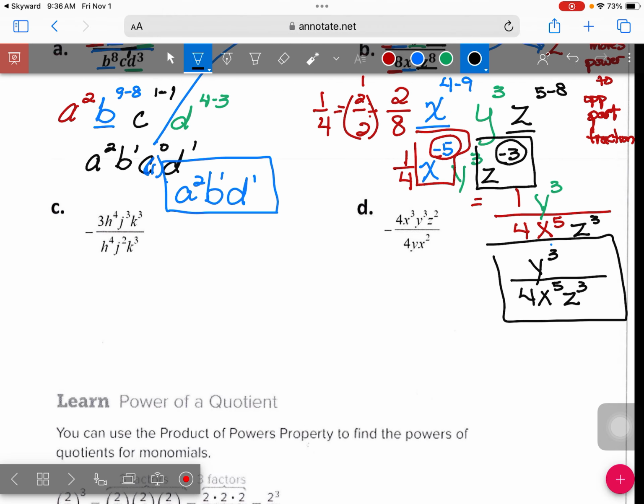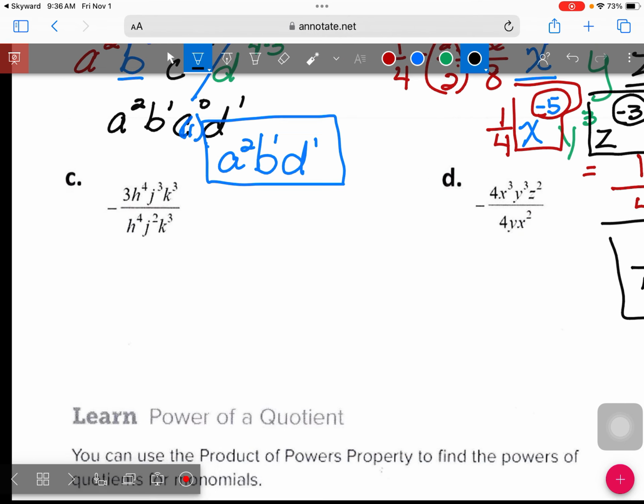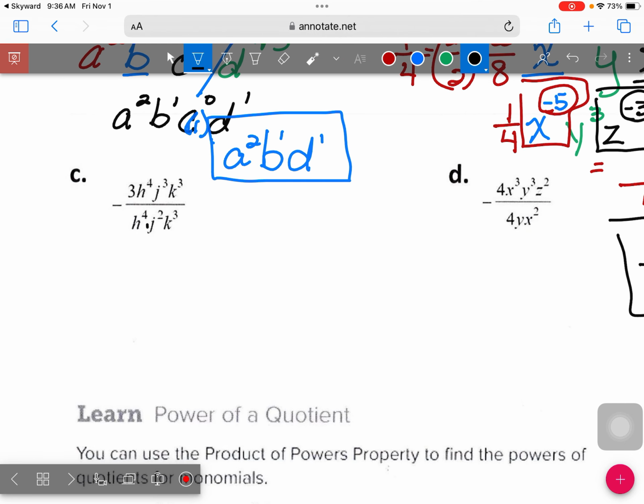Let's do letter C. Letter C. So first of all, we have that negative out front. That's just going to be -1. I see 3 on the top, so times 3. Now, remember how I said before, this is h to the 4th divided by h to the 4th. So before we did h to the 4 minus 4, which was h to the 0.